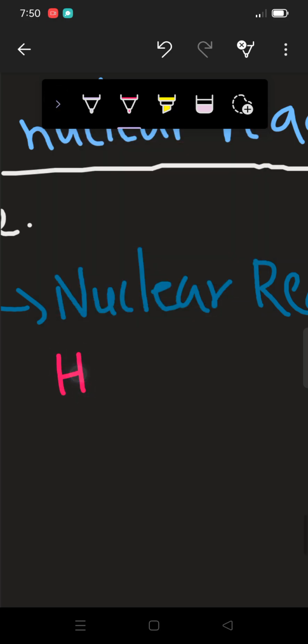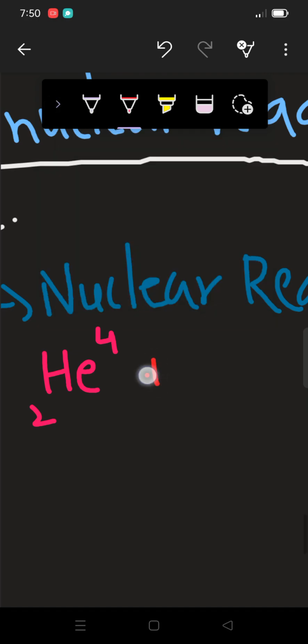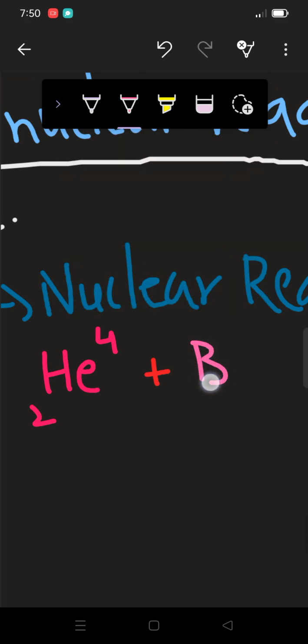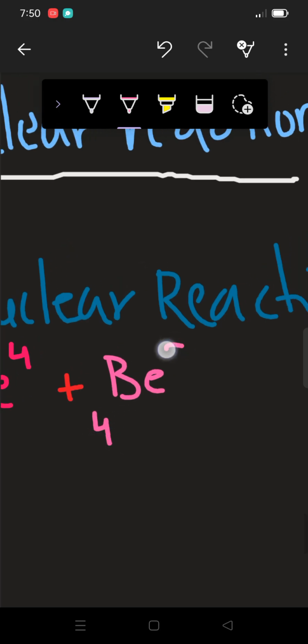Instead of writing alpha particle, I am directly writing helium, which has atomic number of 2 and 4 atomic mass, right? Plus what else did he take? He took beryllium, which has atomic number of 4 and mass number of 9, right?